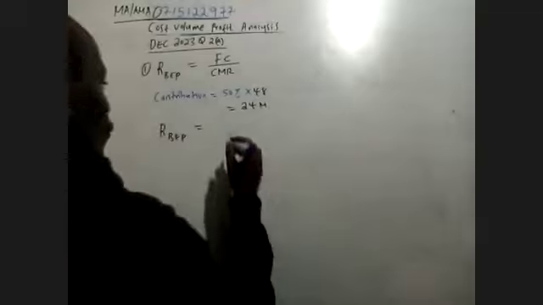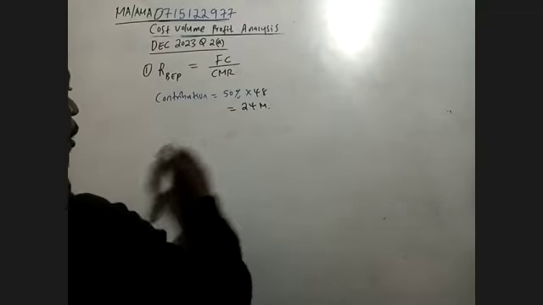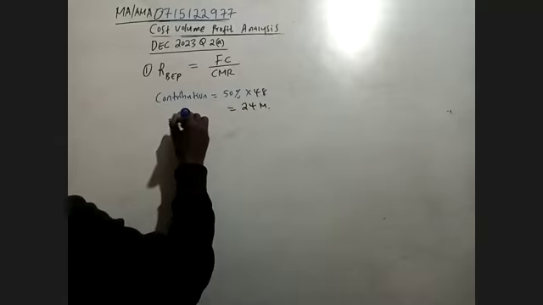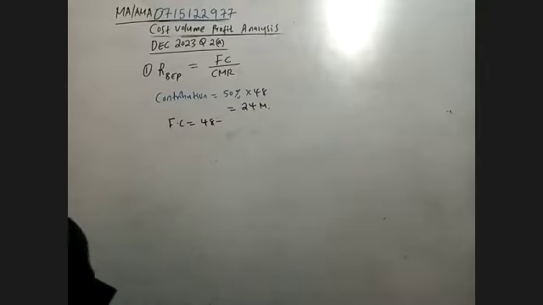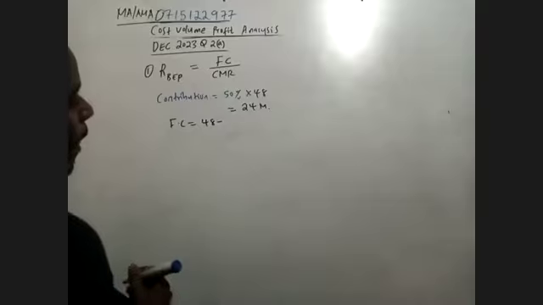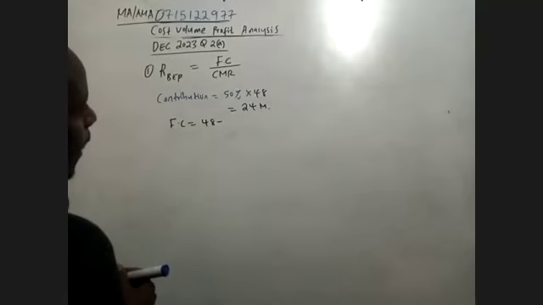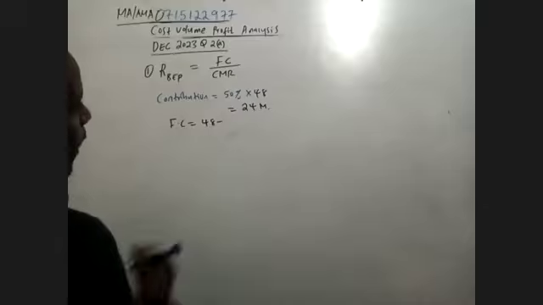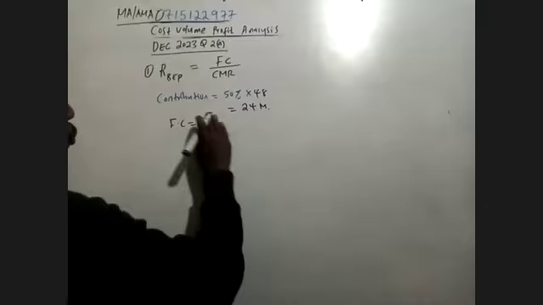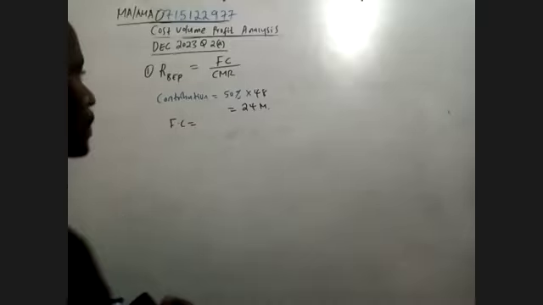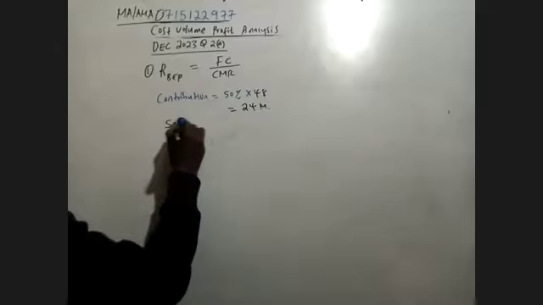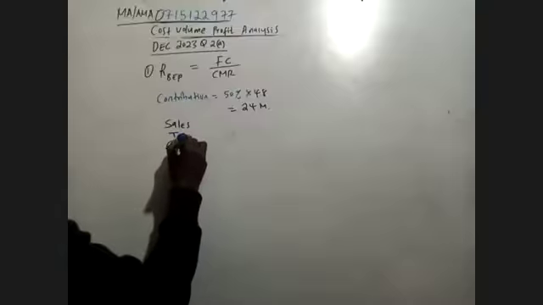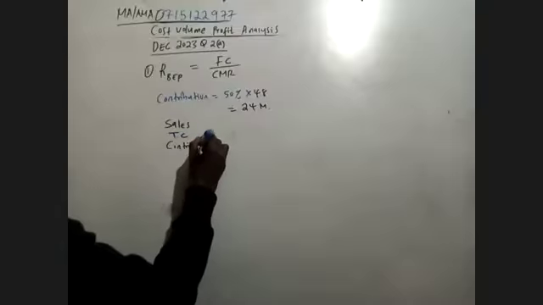Now, how much will the fixed cost be? Let's find fixed cost. It will be total cost, which is 48, we minus. How do you get the fixed cost? So let us start with sales, total cost, and contribution. Then profits.